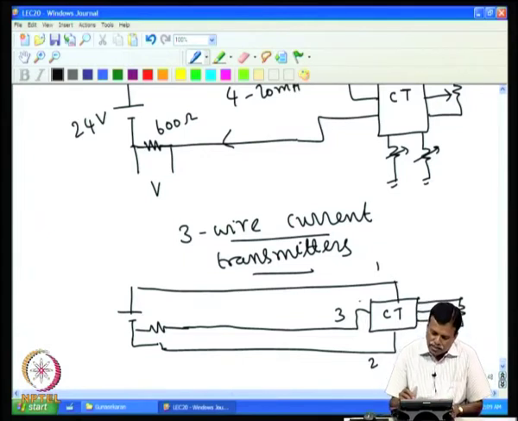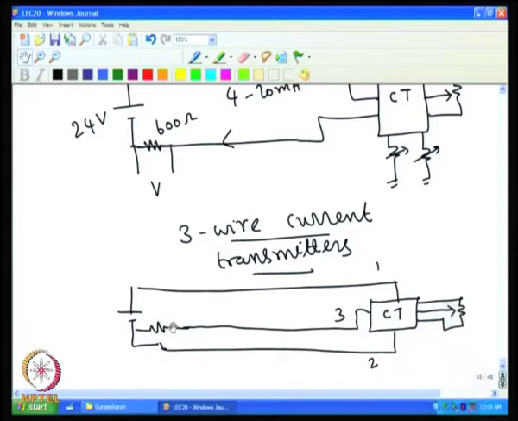In this, the signal is now coming in this third terminal, and that current is converted into voltage by adding a resistance here, which is also typically around 600 ohms, and this also has 24 volt. Of course, this also has the zero and span adjusting potentiometers, for example the zero pot and then the span pot.